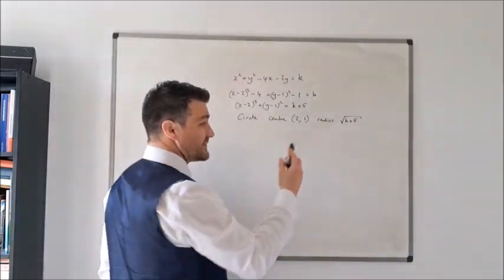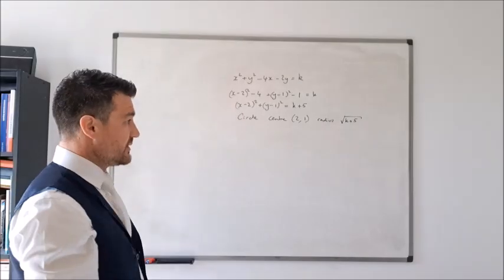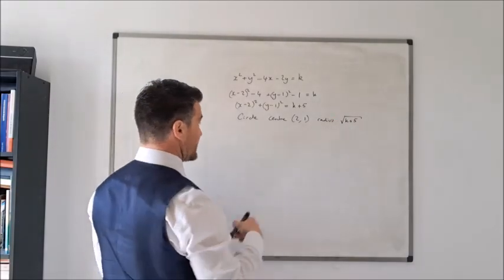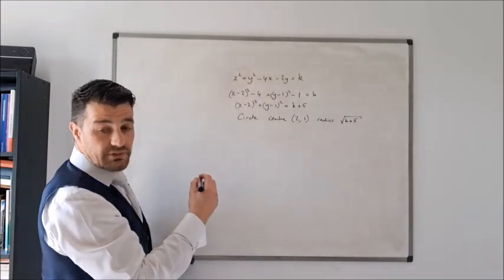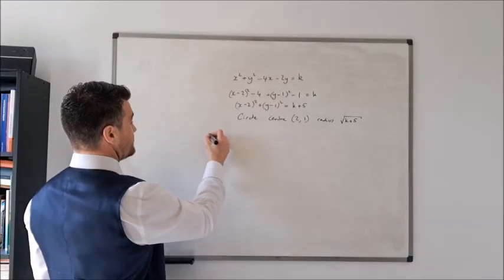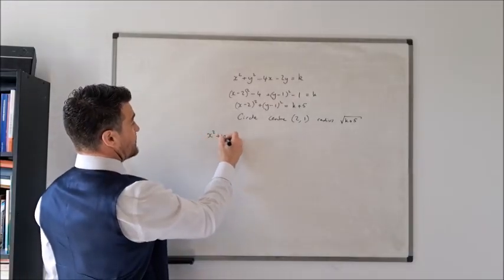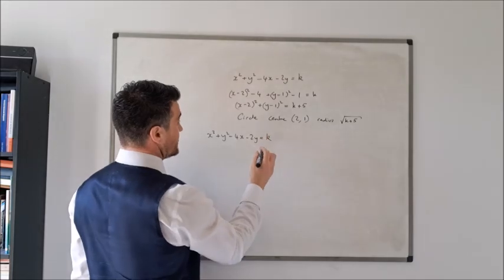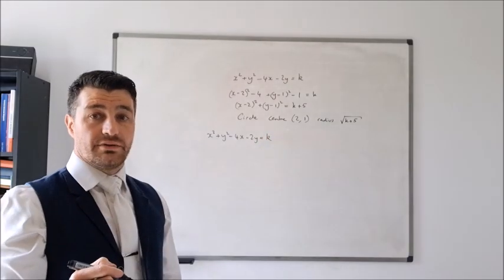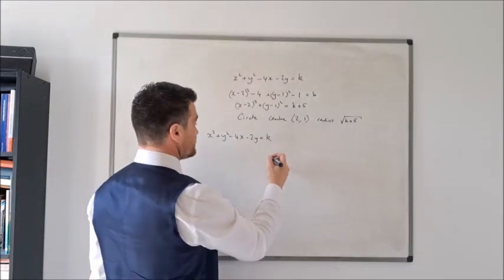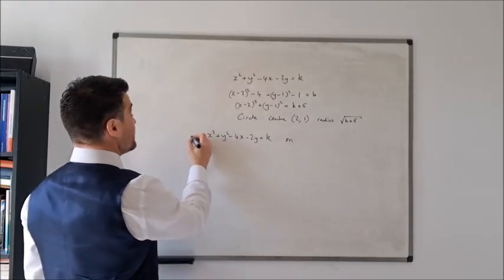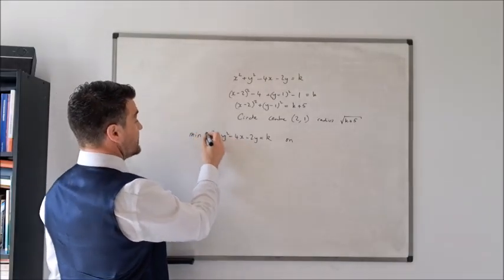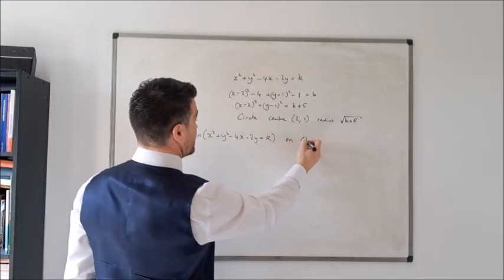That k plus 5 is going to be a positive number, and we can take its square root. So we need to find the maximum, sorry, not the maximum, the minimum of x squared plus y squared minus 4x minus 2y on Q.